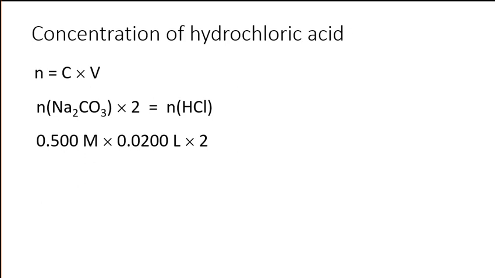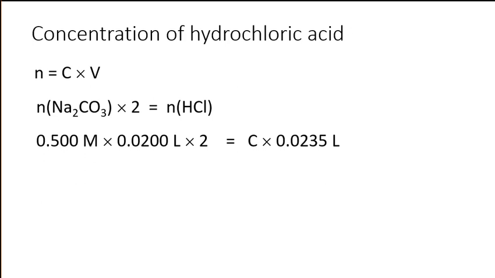I know the volume of sodium carbonate in the conical flask, that was 20 ml, or 0.02 litres. And I'm timesing it by 2, and that should give me the number of mole of hydrochloric acid, which is equal to the concentration of the acid multiplied by its volume.